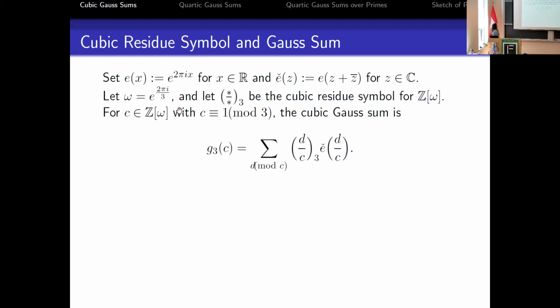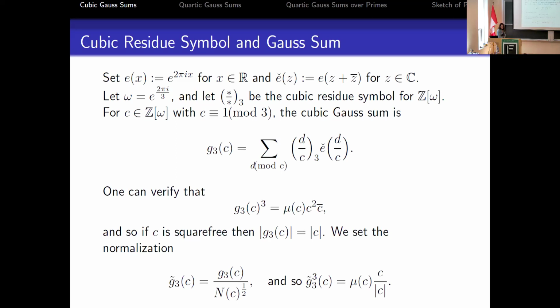So for an integer c in Z[ω] that is congruent to 1 mod 3, the cubic Gauss sum is the sum we denote by g_3(c), and it's the sum over all d mod c of the cubic residue symbol (d/c)_3 multiplied by this additive character.